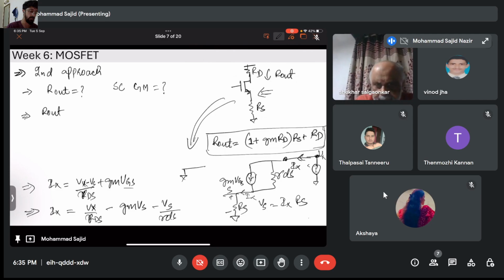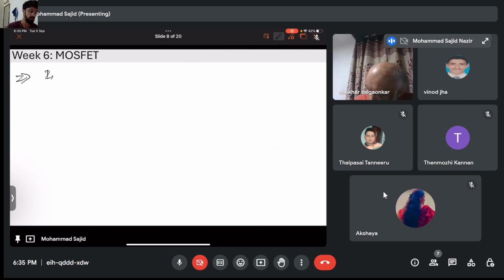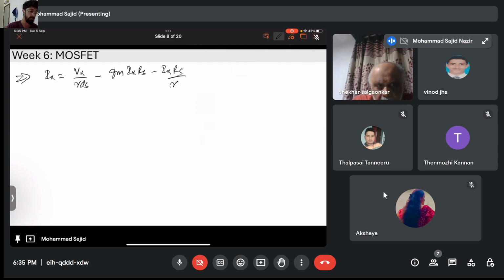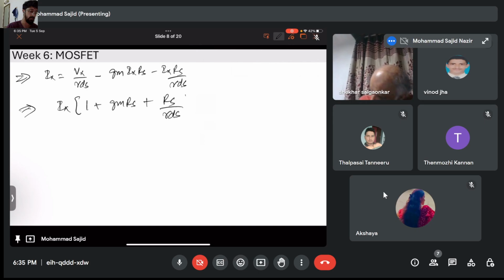Our aim is to calculate Vx by Ix. So just write it. Vx by Rd is minus Gm Vx is Ix Rs, minus Ix by Rds. Transfer the variables. Ix times (1 plus GmRs plus Rs by Rds) is equivalent to Vx by Rds.